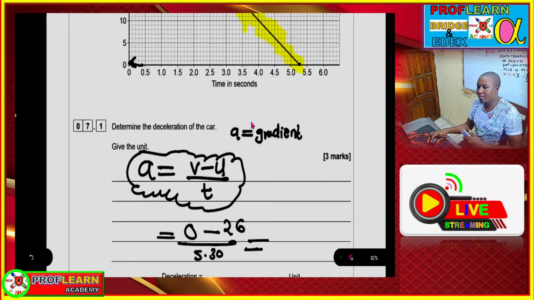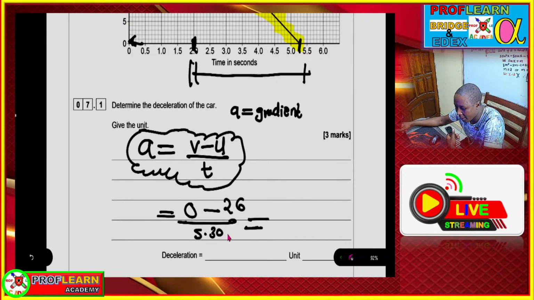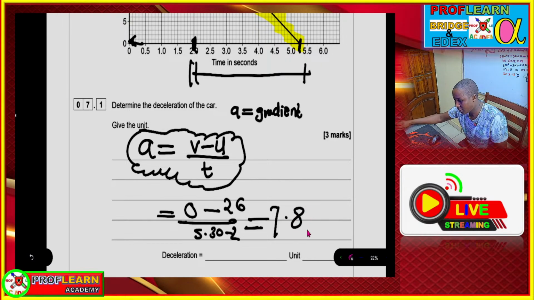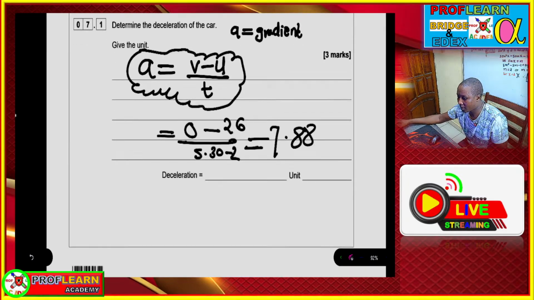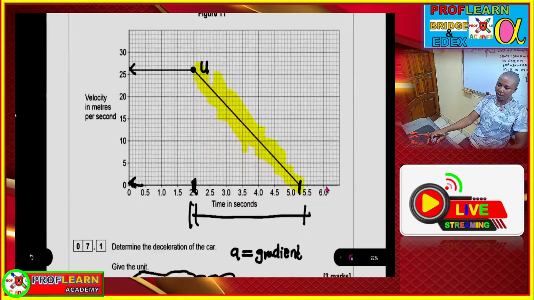No, the time will be from this point to this point here. So what's the time taken? Yeah, so we are going to say minus 2. If you work it out, you are going to get your answer around 7.88, which is going to be 8 meters per second squared, because we are talking about acceleration.